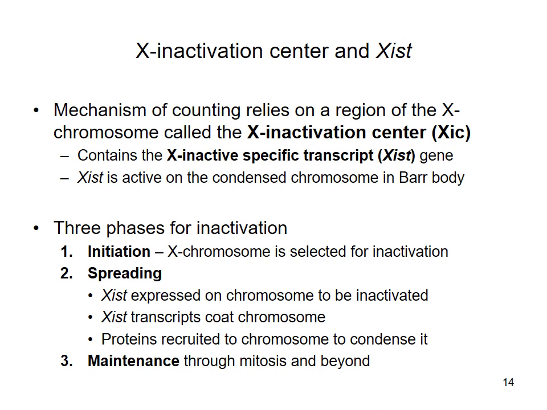And then finally will be this third step, which is maintenance. Maintenance is going to be important because that Barr body, or that inactivated X chromosome, excuse me, will continue to be condensed as the cell undergoes mitosis and is replicated to produce multiple daughter cells along the way of growth and development.